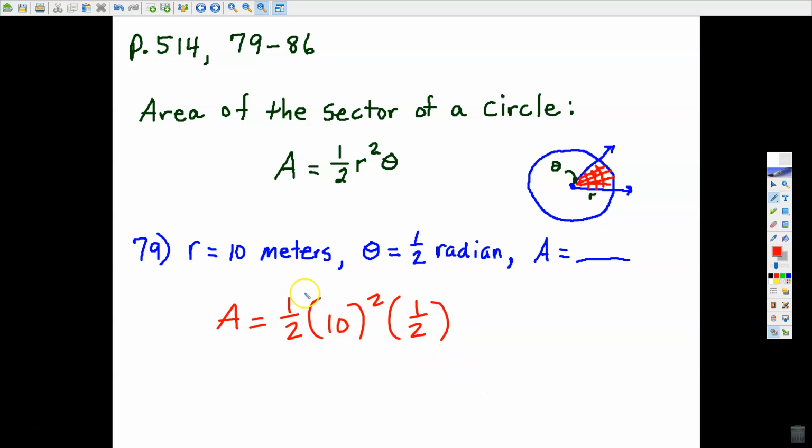And so we just use this simple little formula. 1/2 times 100 times 1/2, and it looks like it's 25. Anytime you're dealing with area, it's always in units squared, and you go off of whatever the units of the radius is. So this would be square meters.